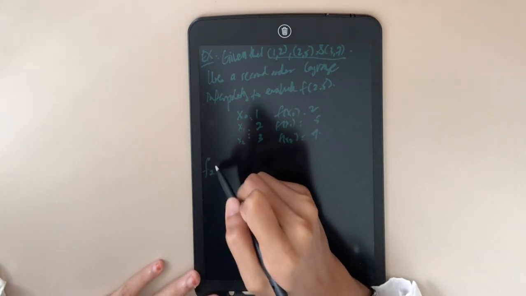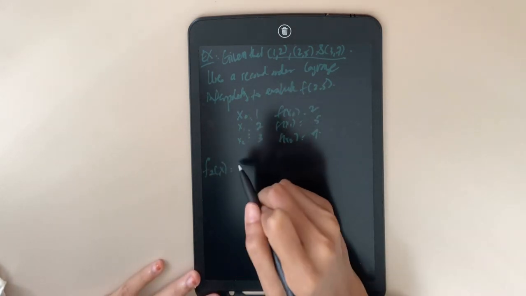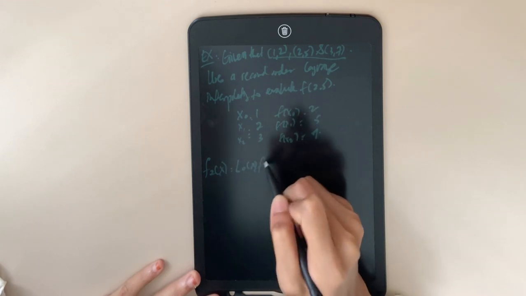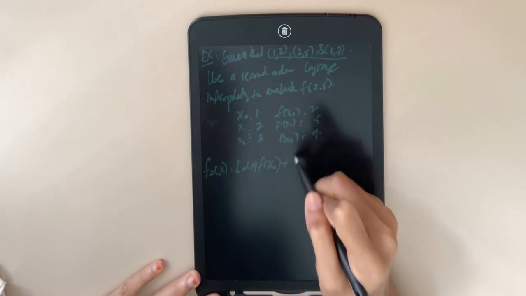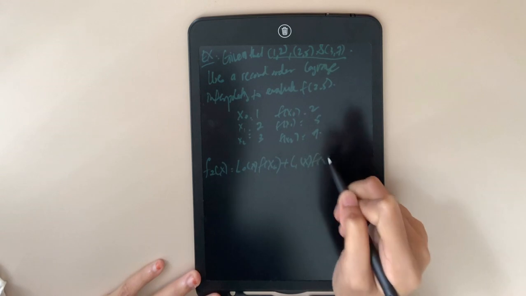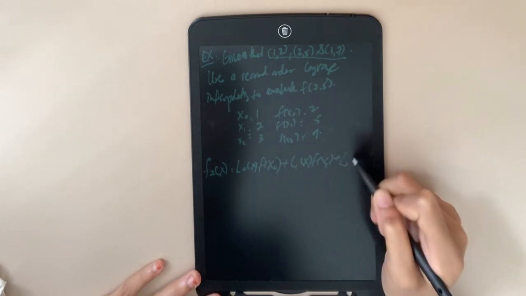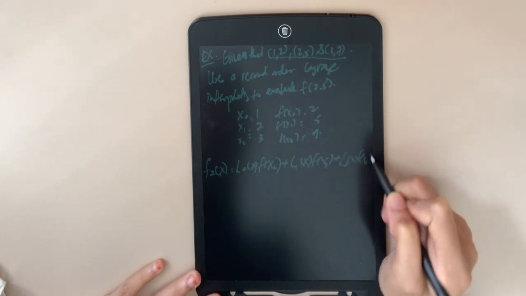For the second order, the equation will be L0 f(x0) plus L1 f(x1), and the last one is L2 f(x2).